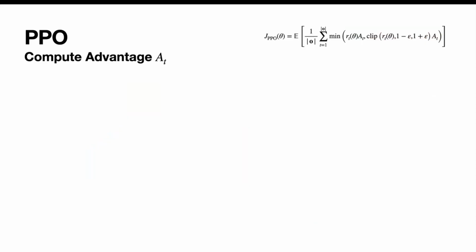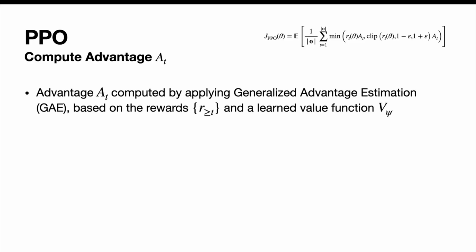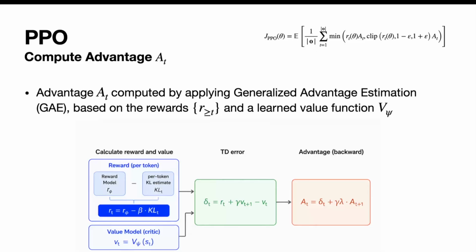Now let's briefly recap how the advantage A_t is computed. A_t comes from applying GAE, generalized advantage estimation, to two inputs: the per token rewards from the current step onward and the learned value function V_phi. The first input is the per token reward r_t in PPO for RLHF.